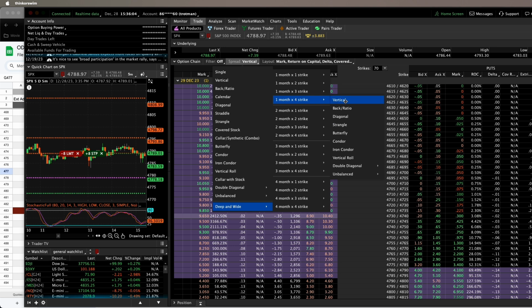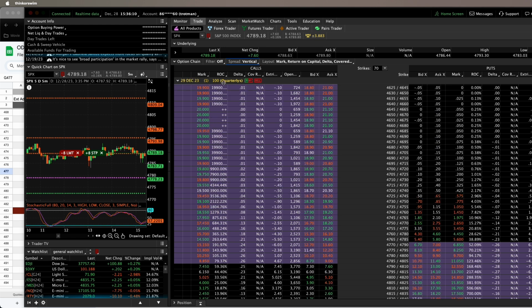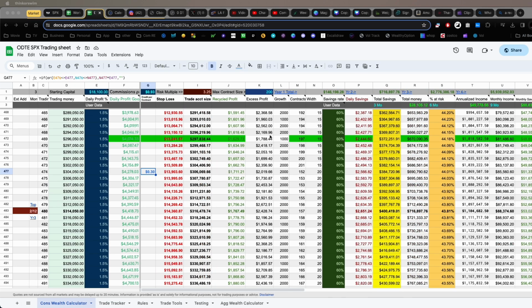That's a 4-strike spread. Come over here and pop that in. You can find a 30-cent trade for 1 DTE. That's going to be right here, so you don't have to do a whole bunch of laboring around or any of that stuff to figure out what you need to do and where you need to trade. It's all in the sheet, right? Now you don't have to do any of the math or anything like that.